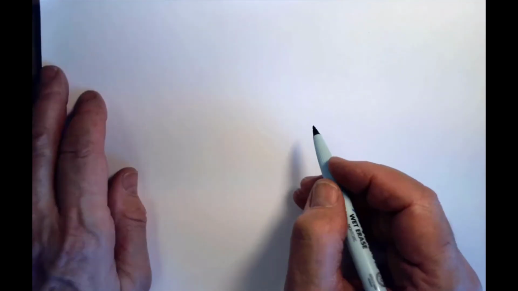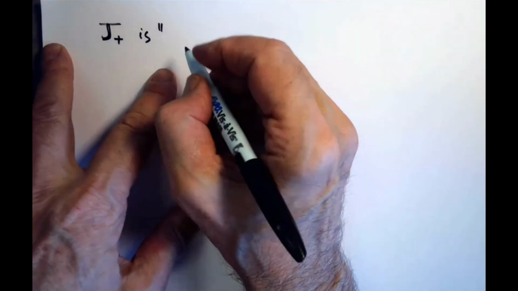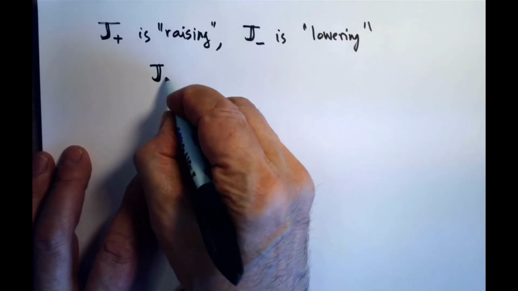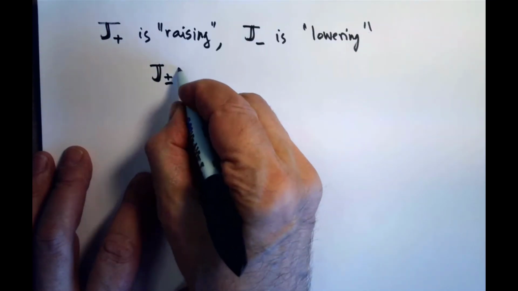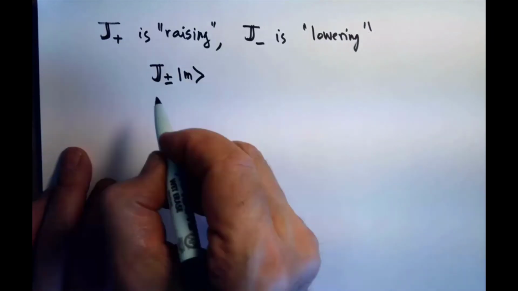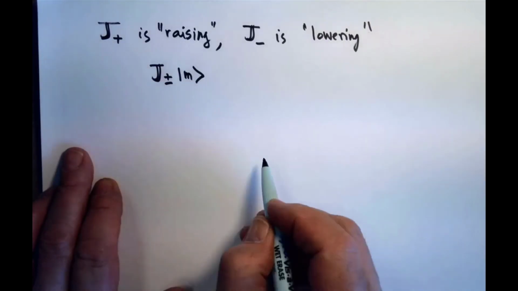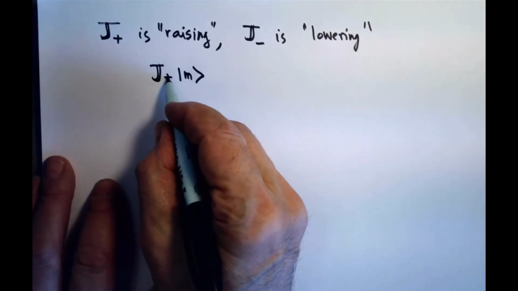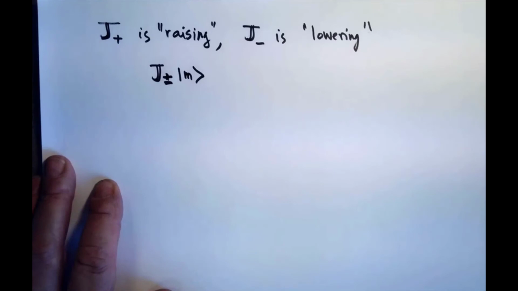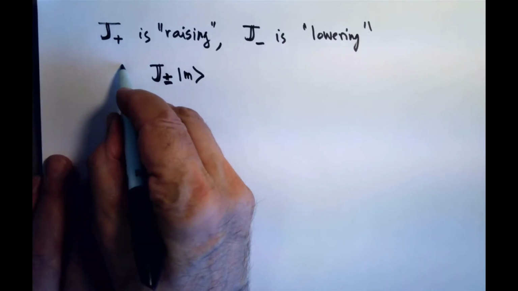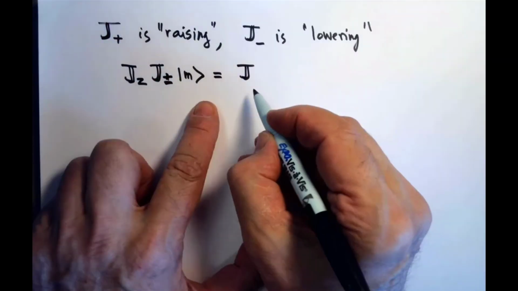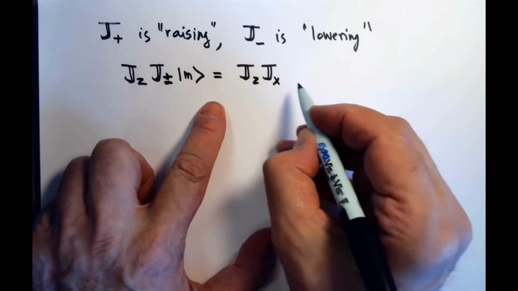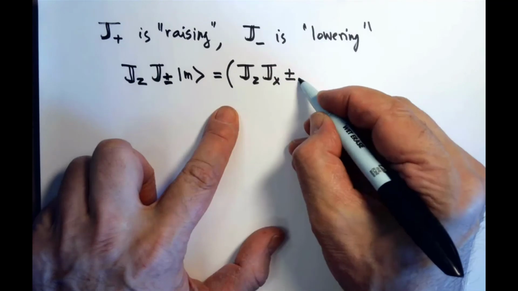These guys have names. Raising operator. You have seen it if you've taken a quantum mechanics course, but if you apply the operator on an eigenstate of the z operator, the third one, this one is composed from x and y rotations, and then you measure its momentum, you can multiply it out, Jx plus or minus iJy.